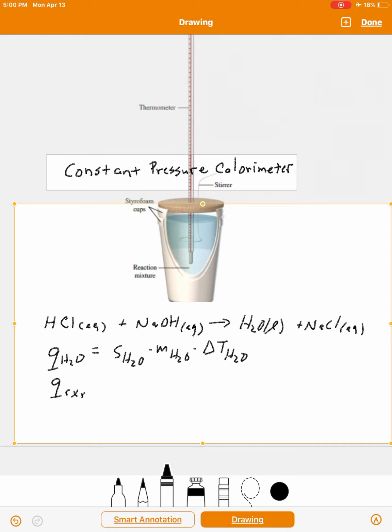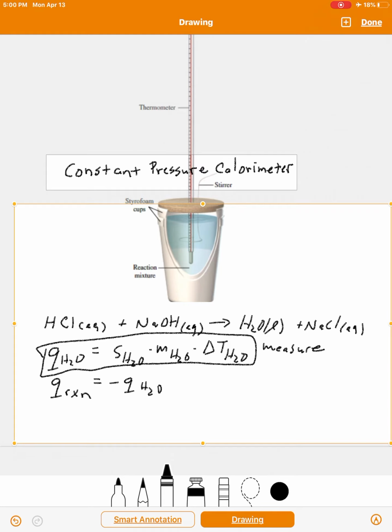Well, any heat that the water gets came from the reaction. So it would just be the negative of the heat of the water. So in practice, you measure and calculate this, and then from that you can find the heat of reaction, Q of the reaction.